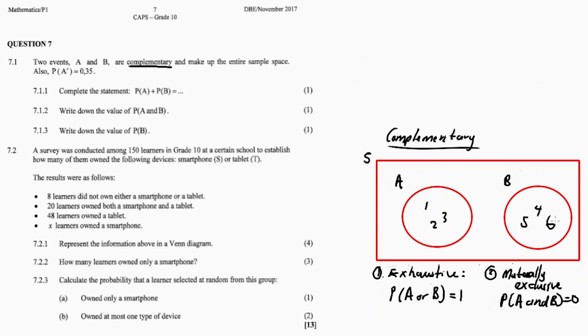Complementary events. Why do we say that? Because the probability of not A simply means everything that is outside of A, right?